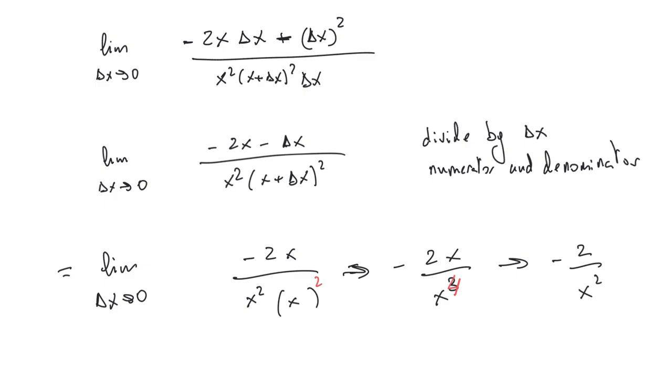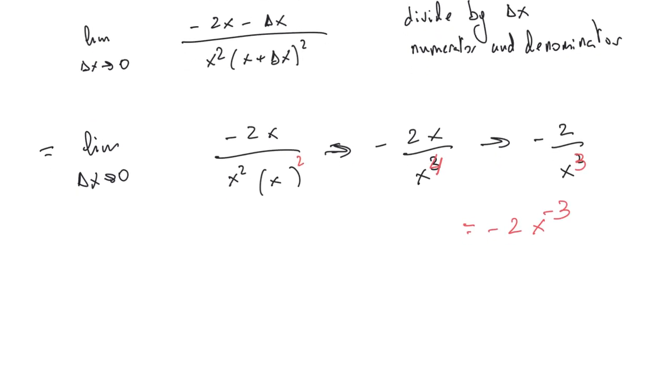So I will have minus 2x over x to the 4, and x divided by x to the 4 is x cubed in the denominator. So equals minus 2x to the minus 3.